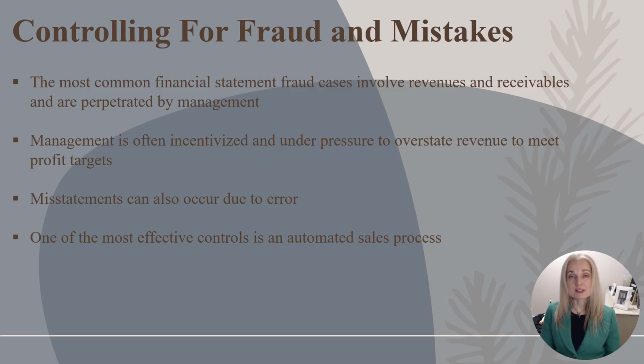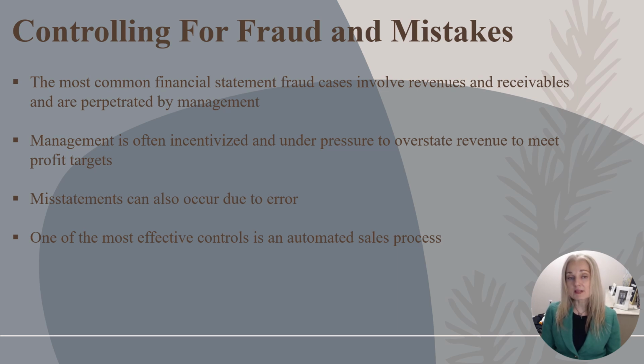Now that we understand the sales and collection process, let's talk about how we can control for fraud and mistakes. The most common financial statement fraud cases involve revenue and receivables, and they're usually initiated by management. And they're initiated by management because management is often under pressure and has bonus incentives to overstate revenue in order to meet the profit targets.